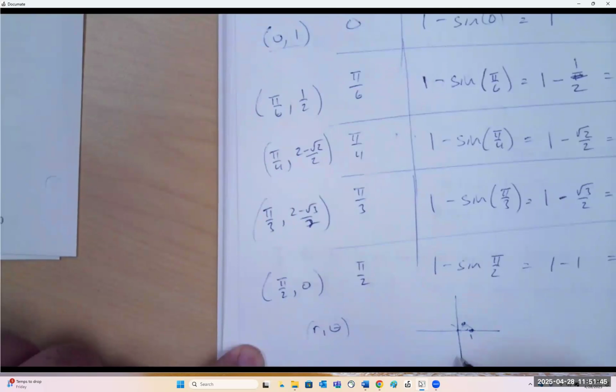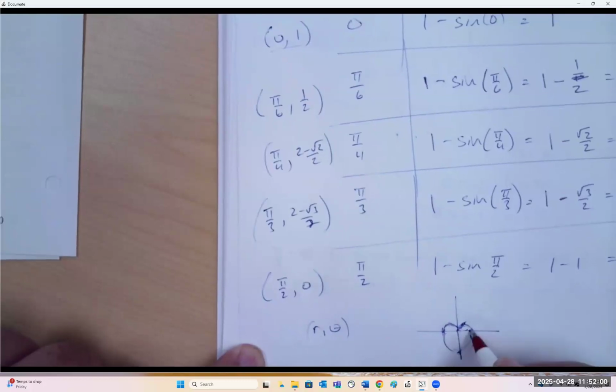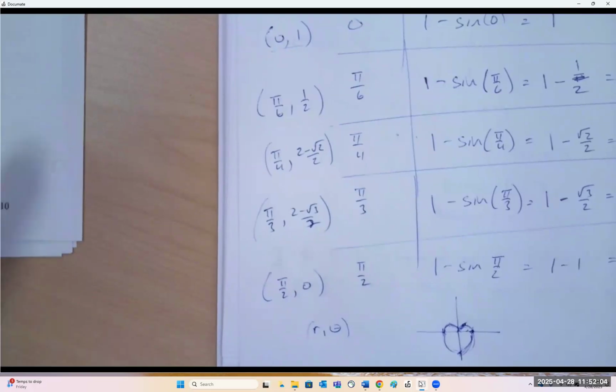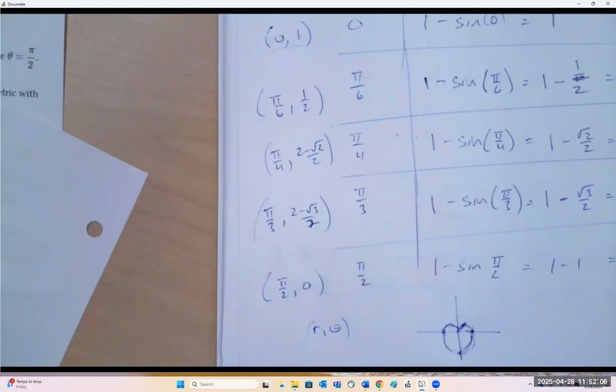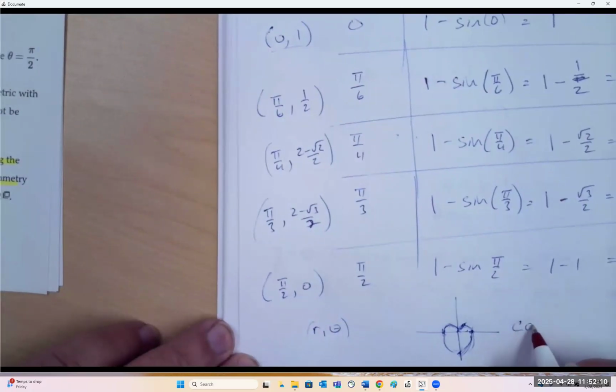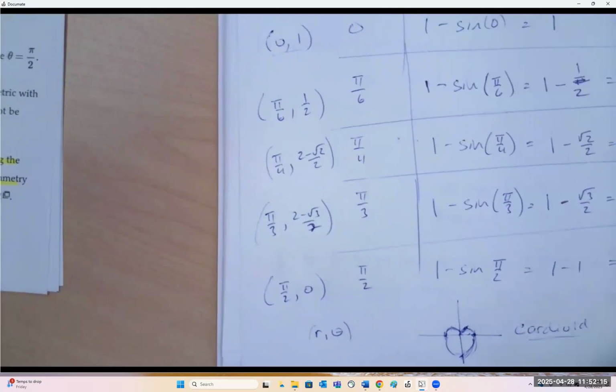Negative pi over 2, so it's at 2. It looks something like that. It's a cardioid.